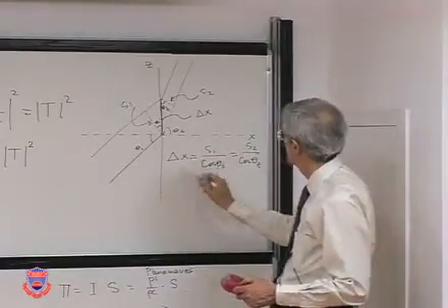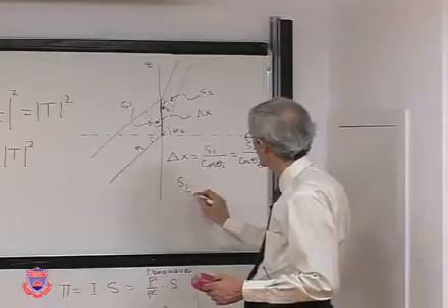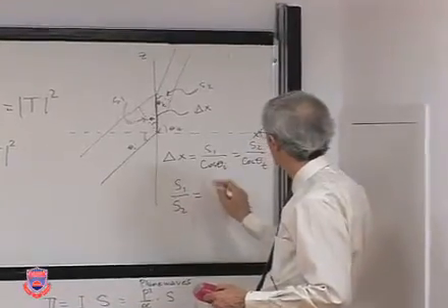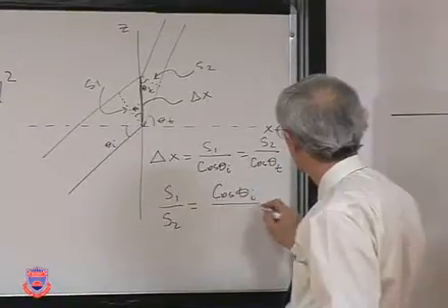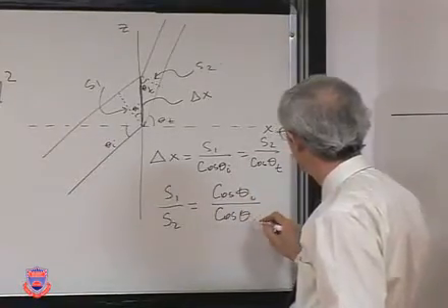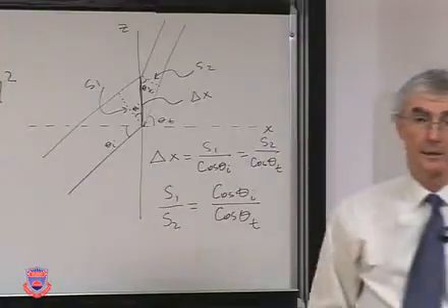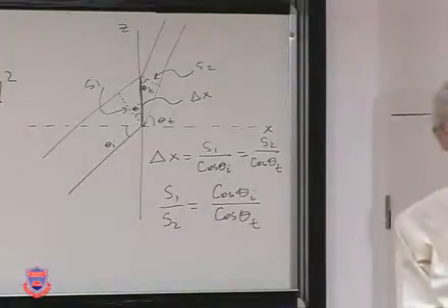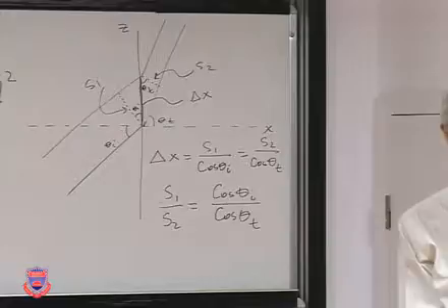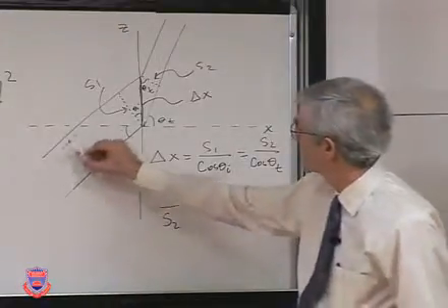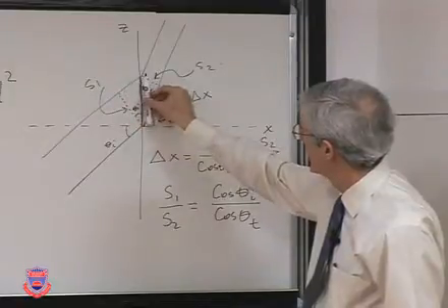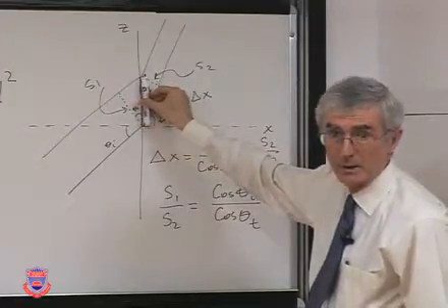So when you have this relationship, S1 over S2, you can indeed write it as a ratio of the angles of incidence and transmission. Is this clear? It's a kinematic relationship. The wave comes in here, it has a footprint on the interface.